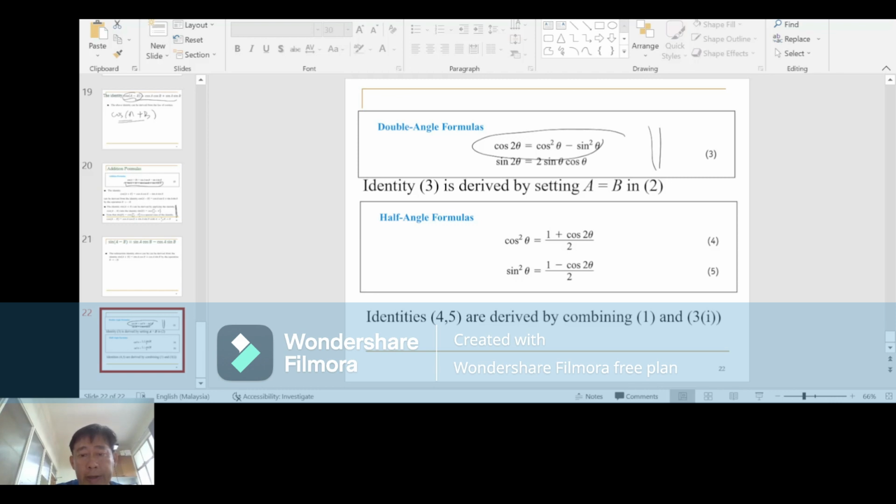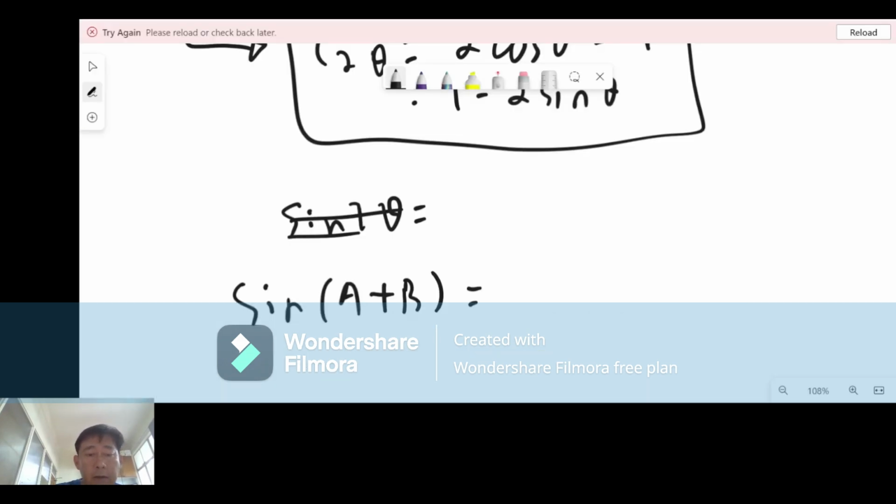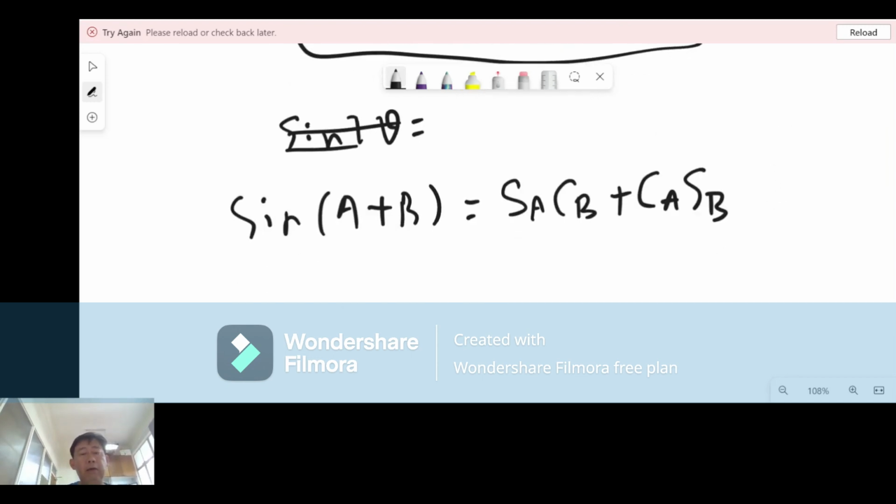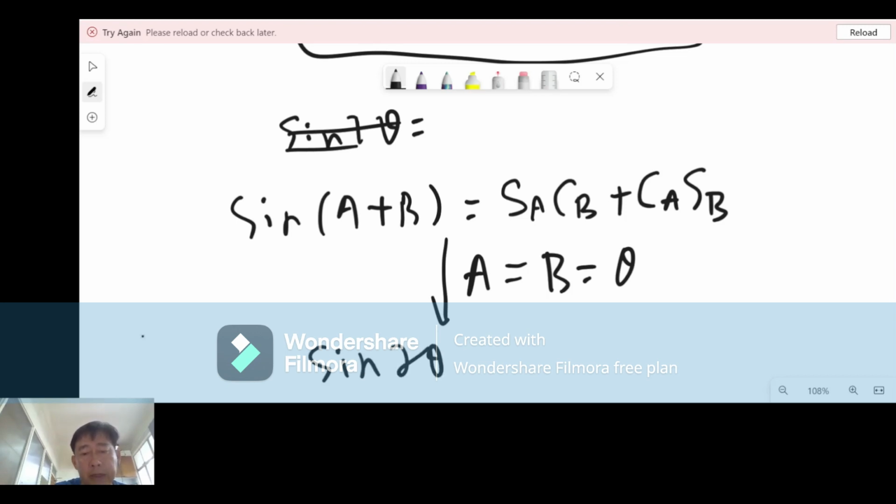So here the sine of A plus B is, according to the identity that I showed earlier on, sine A cos B plus cos A sine B. To arrive at sine of 2 theta, you just set A to be the same as B, represented by the symbol theta instead of A or B. Then sine of A plus B just becomes sine 2 theta.